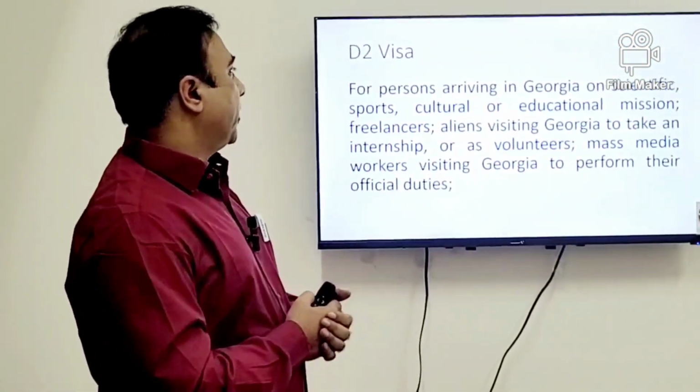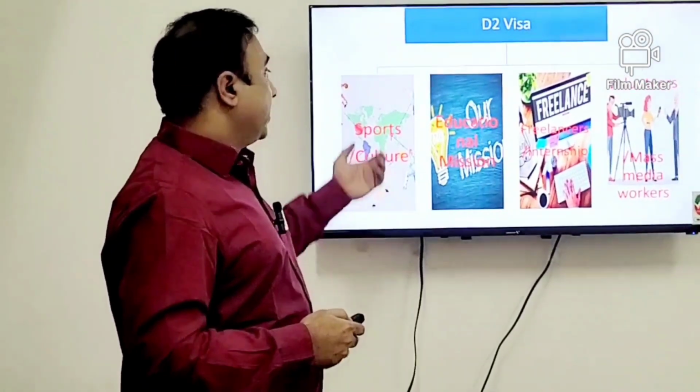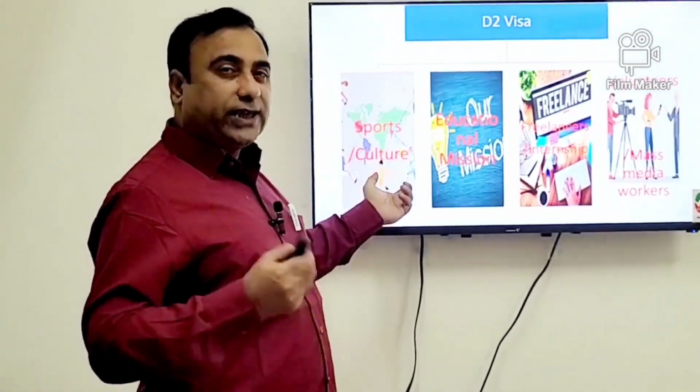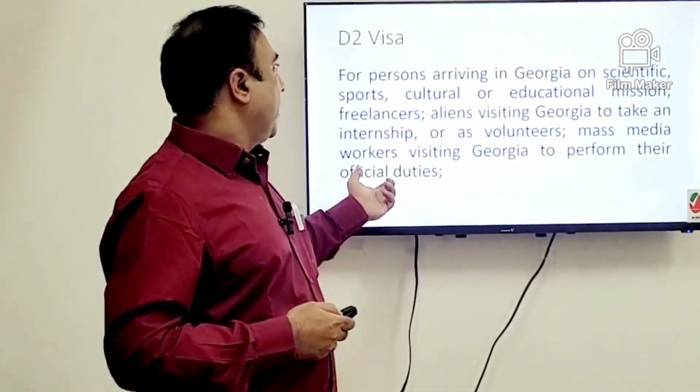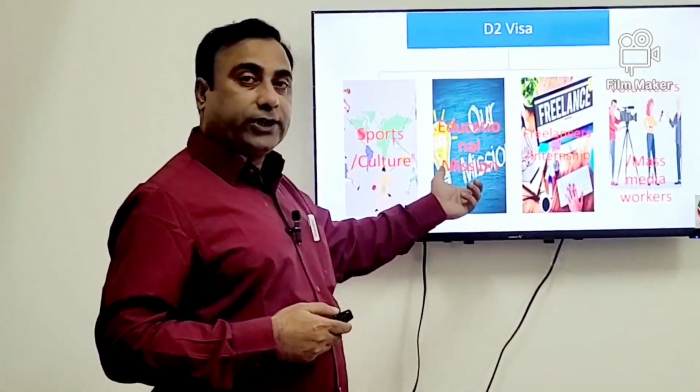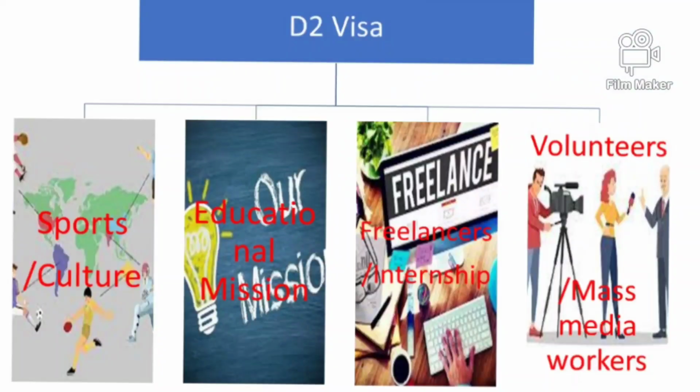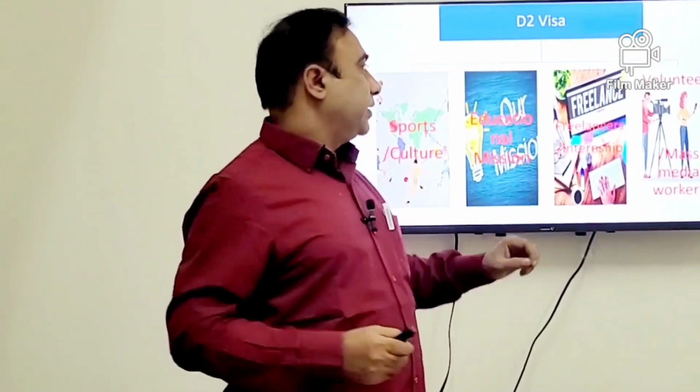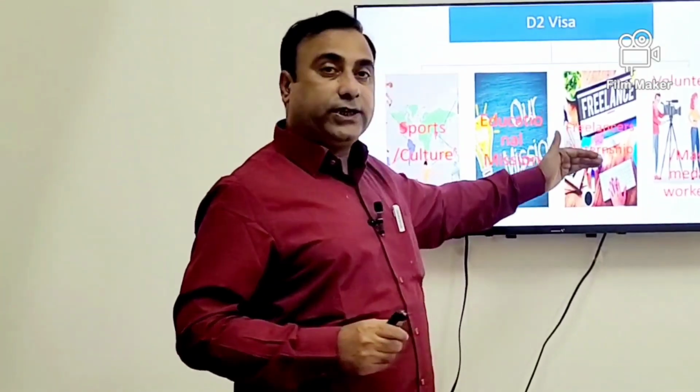Then there is the D2 visa. D2 visa covers sports, culture, scientific activity, then educational mission. Educational mission means you are going for a job but not on a permanent basis, only for some period. Then freelancer or internship.